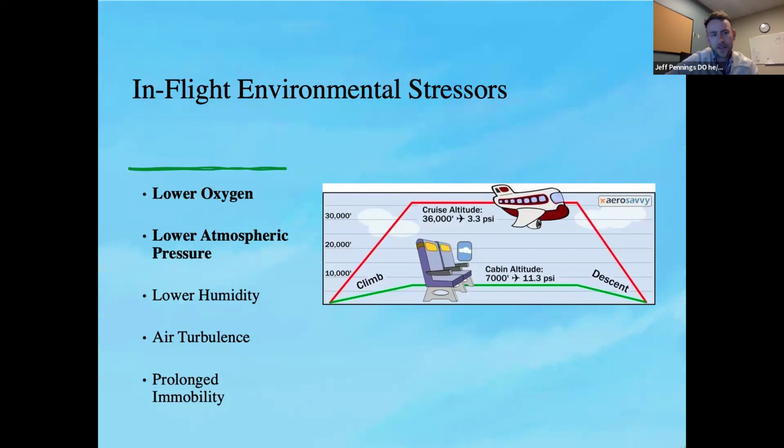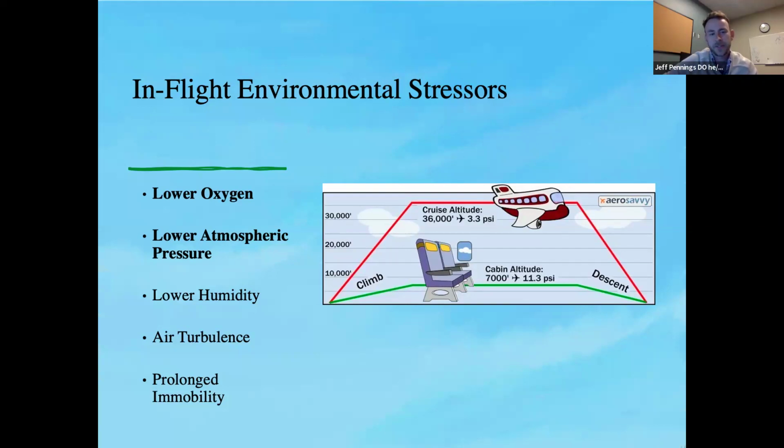What we're going to focus on today is primarily around lower oxygen, lower atmospheric pressure. But there's also implications of lower humidity in the cabin, air turbulence, and prolonged immobility. So from a humidity standpoint, optimal humidity for someone to function is around 40 to 70%. And in a pressurized dehumidified cabin, the humidity is around 10 to 20%.